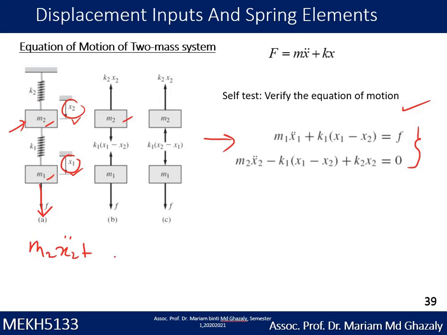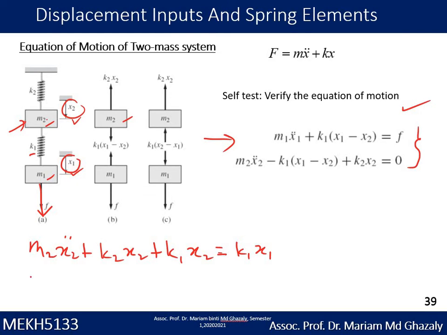You have K2 x2 plus K1 x2. Anything else connected to M2? Any force? No, there's no force. Since M2 is connected to M1 by K1, and you have the displacement x1, this is equivalent to K1 x1. So this will be the first equation.